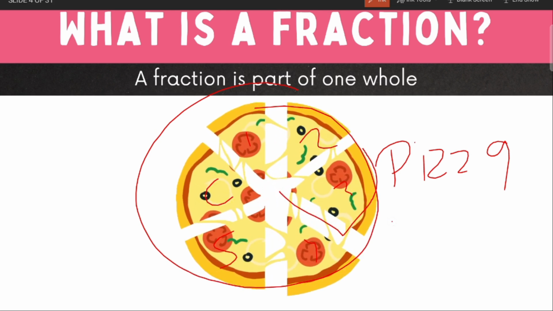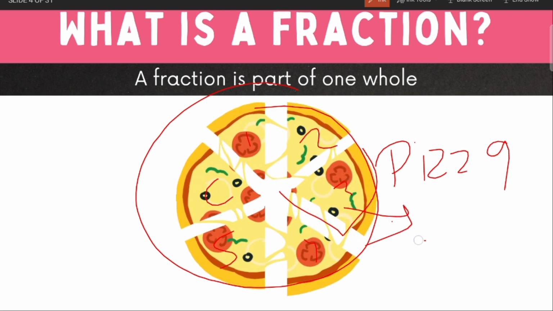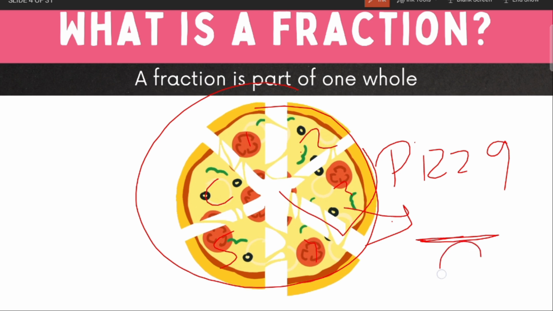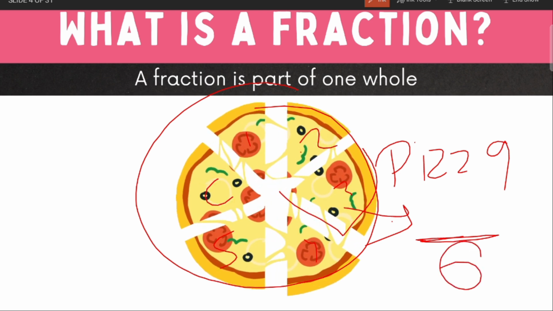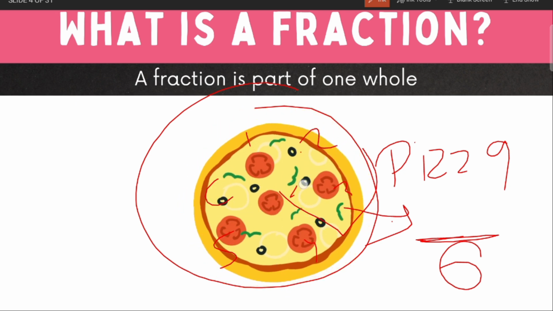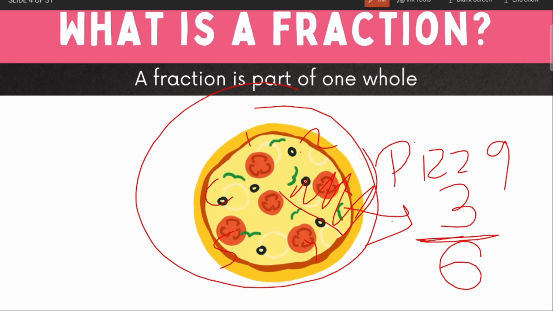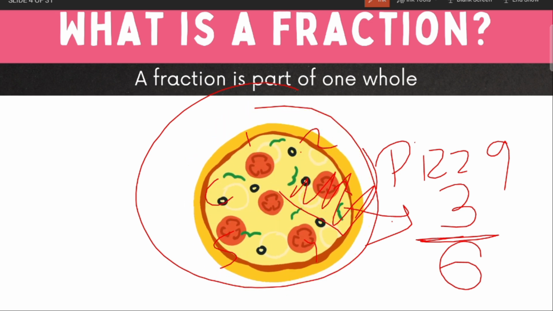Can you just tell me? This third part is known as, how many total parts are there? 1, 2, 3, 4, 5, 6. 6 total parts are there. We're just going to put a line above that, and then how many parts have we selected? Only the third part we have selected. That means it is 3 by 6.